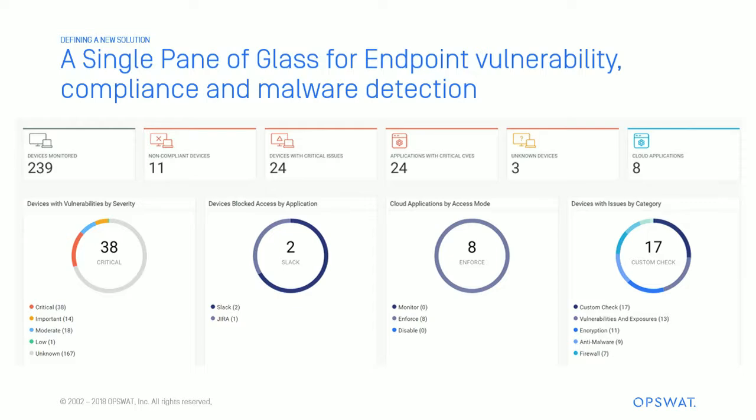Is there a way that you can adopt a solution that provides a single pane of glass for endpoint vulnerability, compliance and malware detection in one single solution, and can be very easily integrated with almost no disruption to your current network configuration or layout, and enables BYOD users or managed devices to onboard to your local network or cloud applications, and you actually have visibility into those devices to ensure that you have the right user at the right moment with the right devices trying to access the resource they're supposed to.